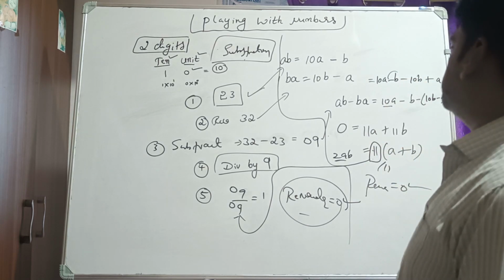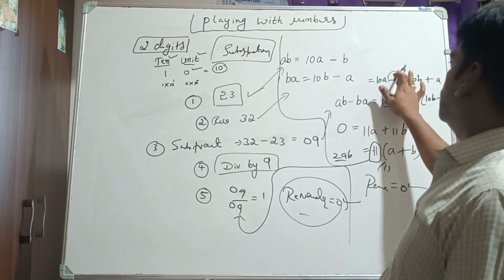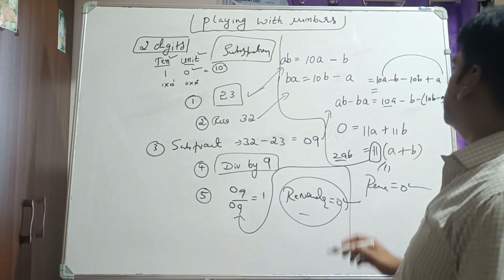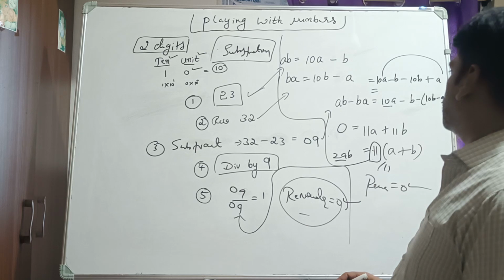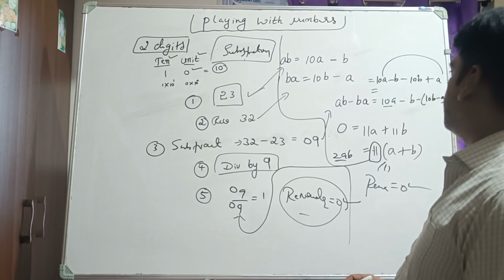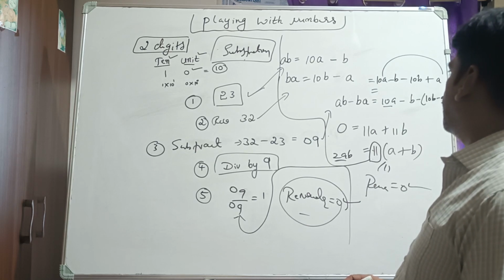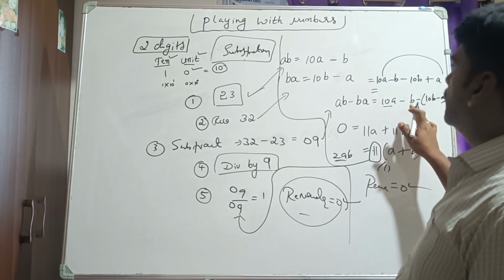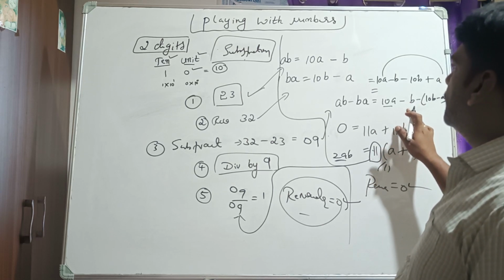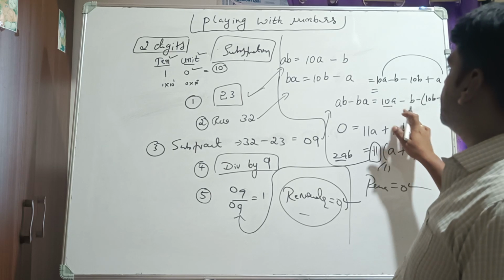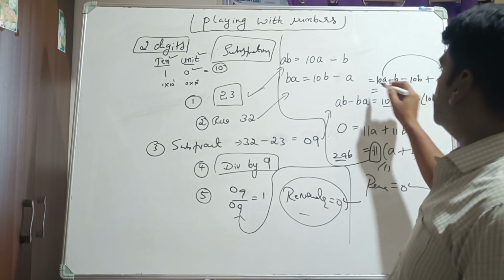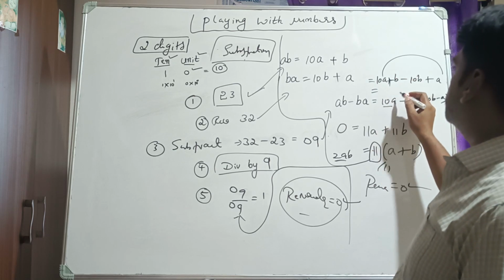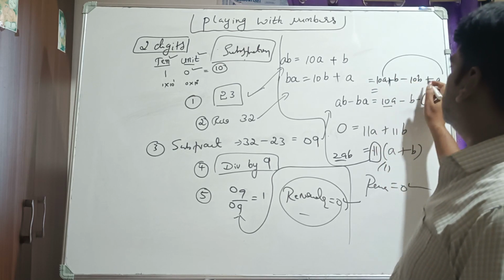What are you going to get now, right? Just look at this. This is 10a. This is plus, this is plus. Now we are subtracting, sorry. This is plus, and here subtraction is there.